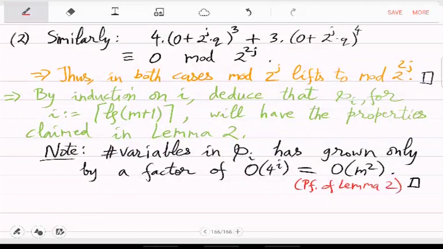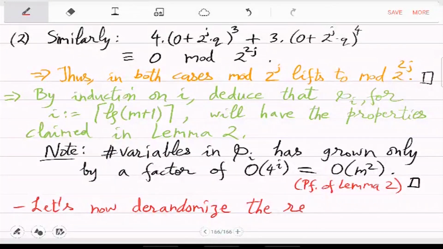And let us now come back to our question before lemma 2, which was how do we de-randomize the PH reduction to parity P. So let's now de-randomize the reduction of PH to parity P.